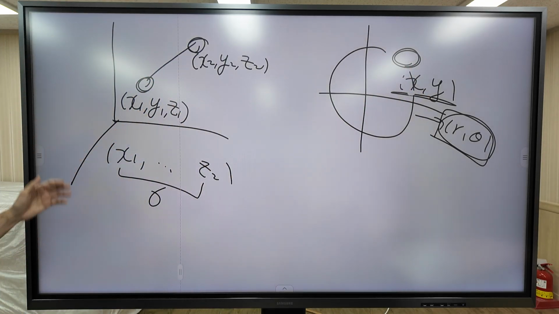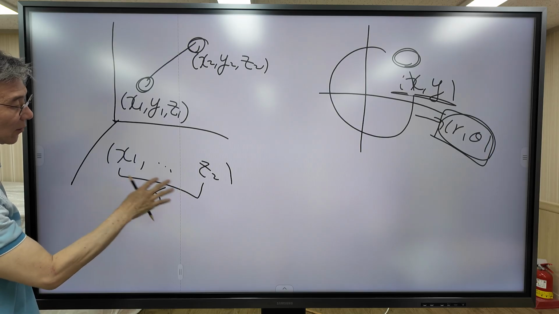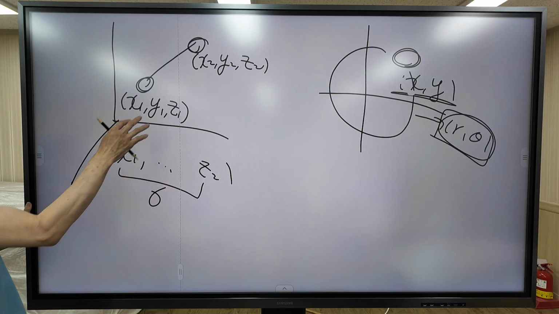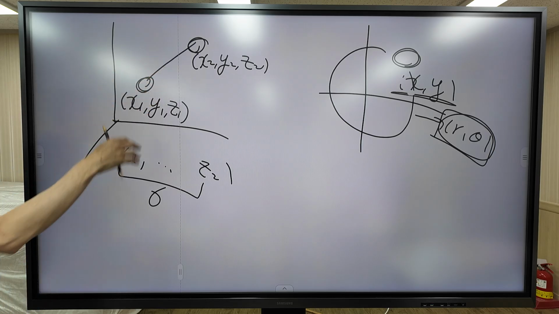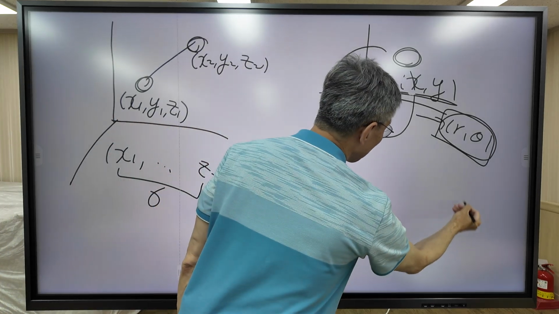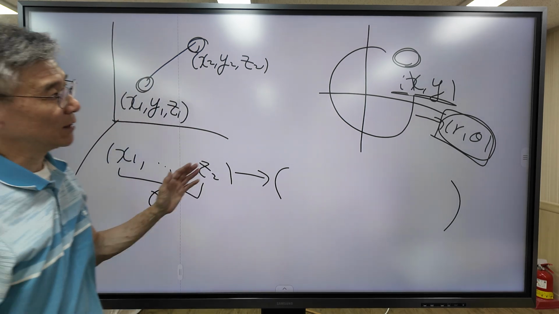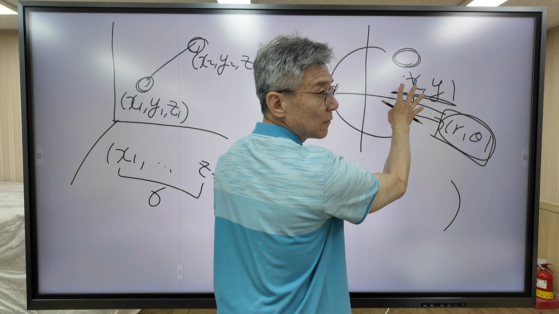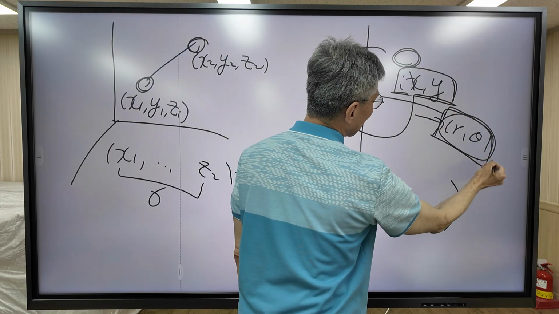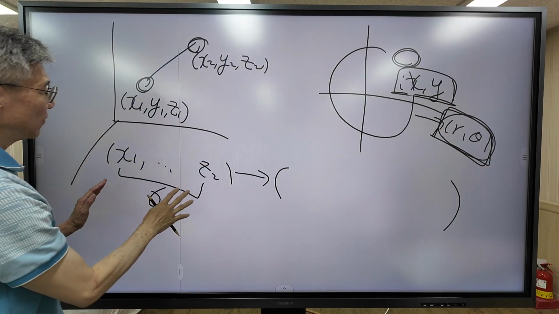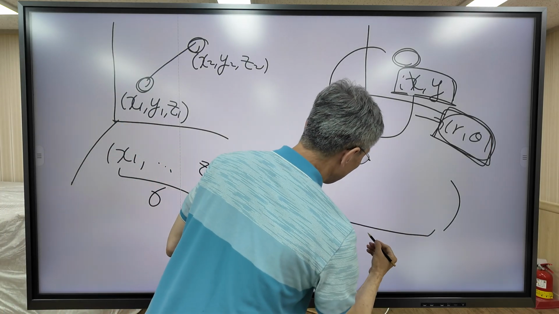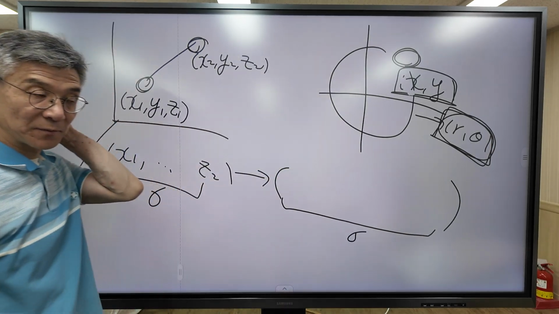So similarly, rather than using these rectangular coordinates, there is a more convenient set of coordinates to describe the motion of a diatomic molecule. So we are going to introduce a new coordinate system. But the number of coordinates does not change. It remains the same. In the old coordinates, we need 6 coordinates. In the new coordinate system, we also have 6 coordinates.